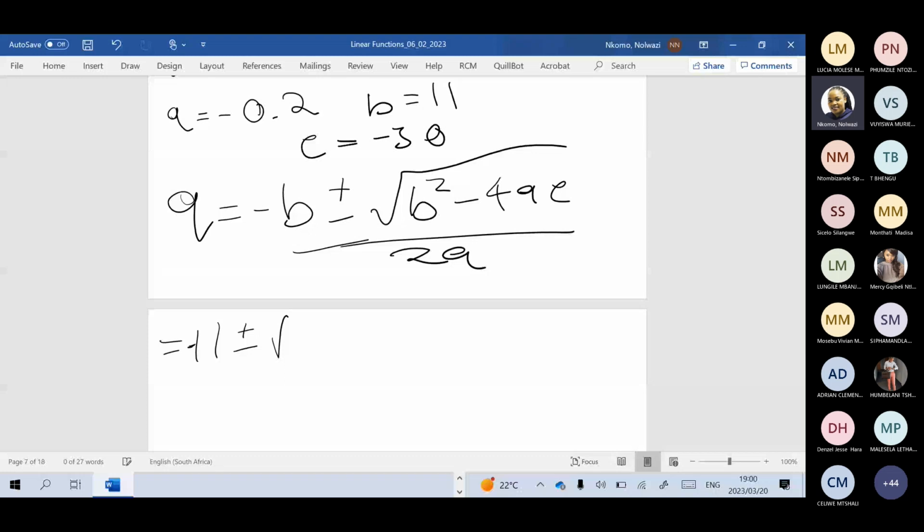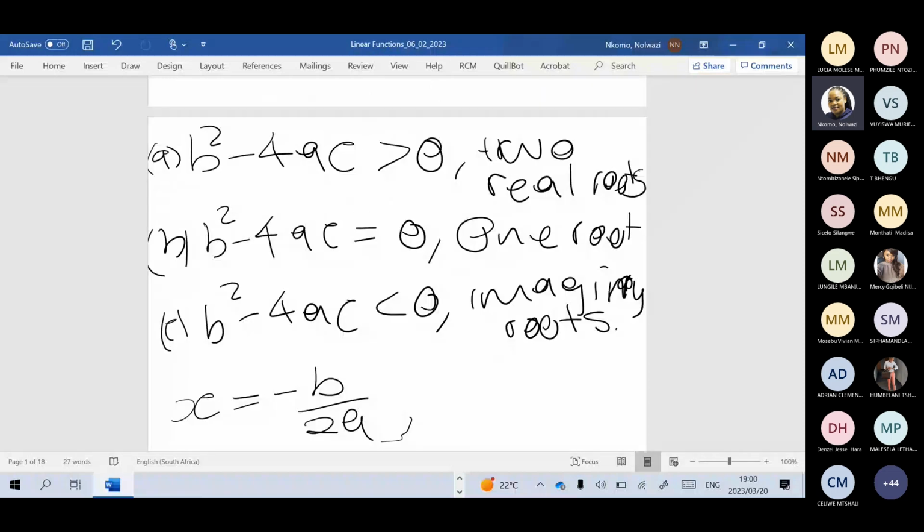But as for factorizing, I can't teach you how to factorize. You need to do more exercises to be able to determine whether you'll get the factors.